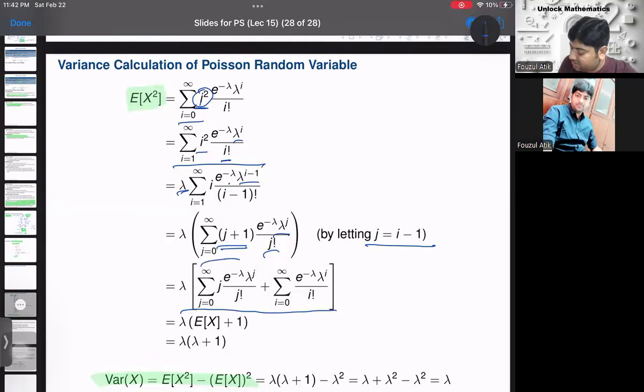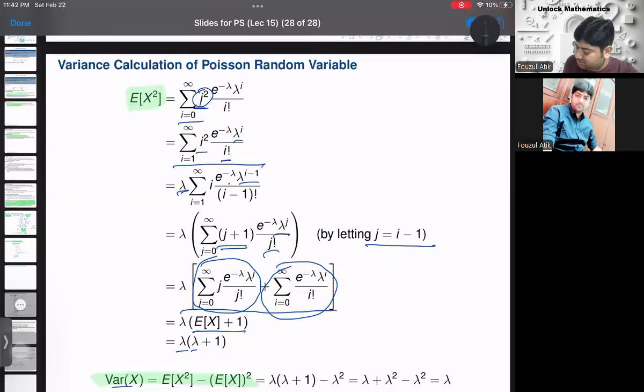But what is this value? It is our expected value, right? The expected value of the Poisson random variable we discussed. And this other value we calculated earlier as well. This is the sum of the probability mass function, which was 1, right? And therefore it is lambda times E of X plus 1. But what is E of X? We already calculated it is lambda. So lambda times lambda plus 1. That is E of X square.